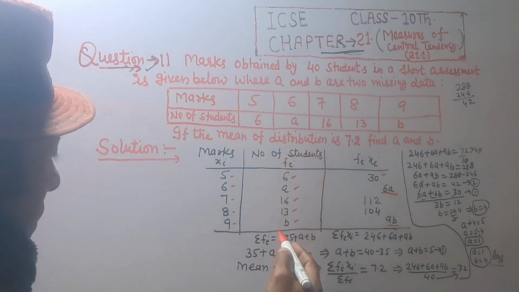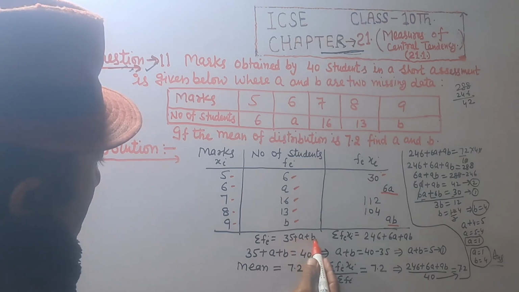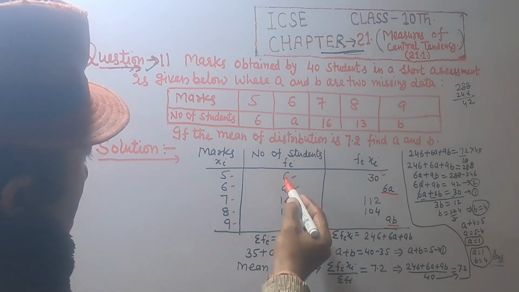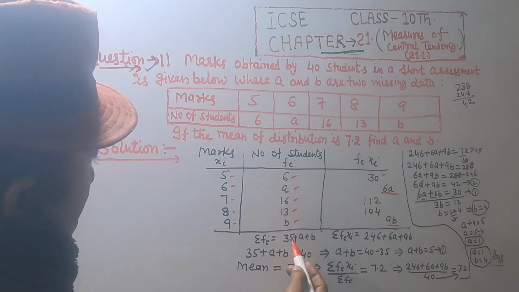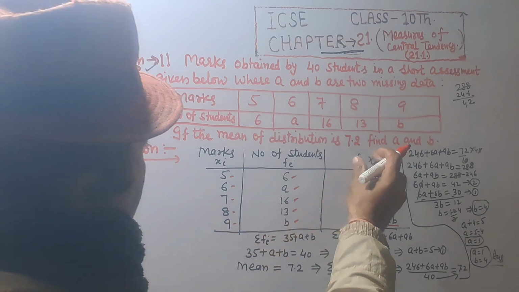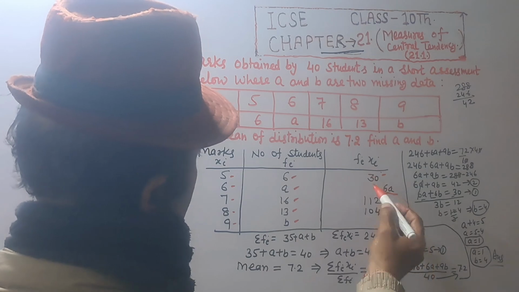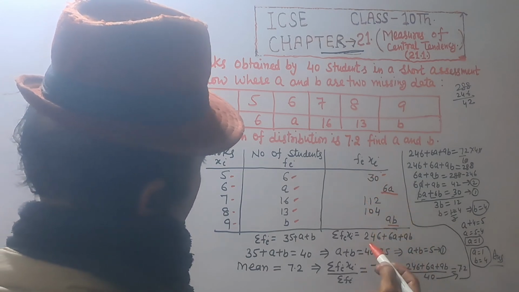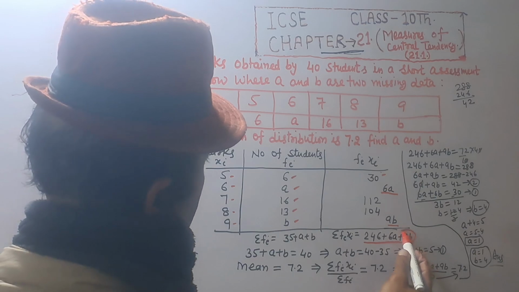And sum of frequency, that is 35 plus A plus B. 6 plus 16, that is 22. 22 plus 13 is equal to 35 plus A plus B. It's sum of frequency. And Fi Xi is equal to 4 plus 2 is 6, 3 plus 1 is 4, 1 plus 1 is 2, that is 246 plus 6A plus 9B.